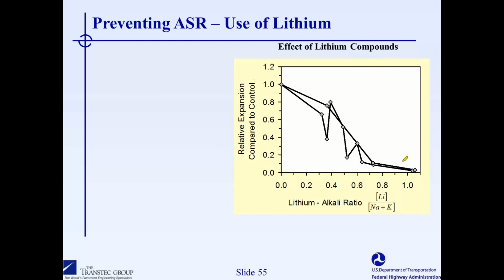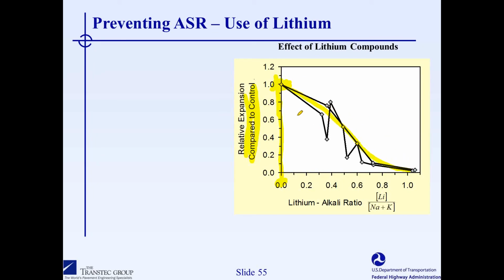This shows McCoy and Caldwell's data, well, some of their data for lithium. What this shows here is the expansion of mortar bars here, plotted as a function of the control. And the control would be the mortar bar without lithium, so that's this mortar bar here. So obviously, its relative expansion compared to itself is 1. And you can see the impact of increasing the amount of lithium.